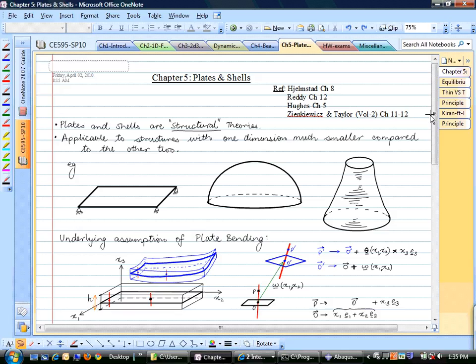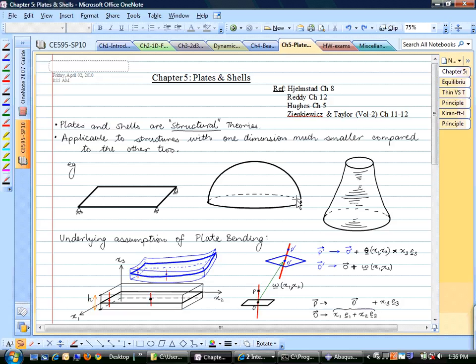So what we'll do today is this topic on plates and shells. Just like beam theory, plates and shells are also structural theories, and what that means is that we will assume a certain type of deformation. For example, if you have a plate that is constrained on the corners, or a structure which has one dimension which is much smaller than the other two, those kinds of structures can be treated as plates.